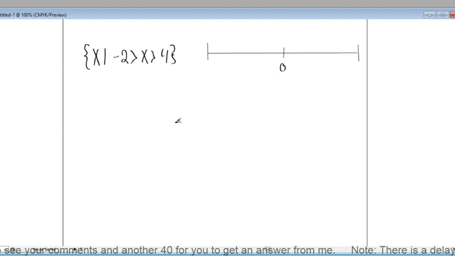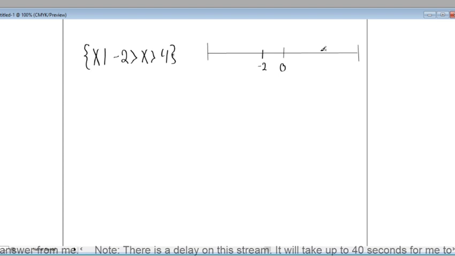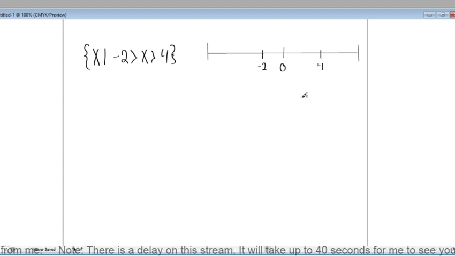Instead of a single line, we're going to be looking at two different lines. We have -2 is greater than x, so we have to put -2 somewhere in here. We have x is greater than 4, so 4 again is about right there.